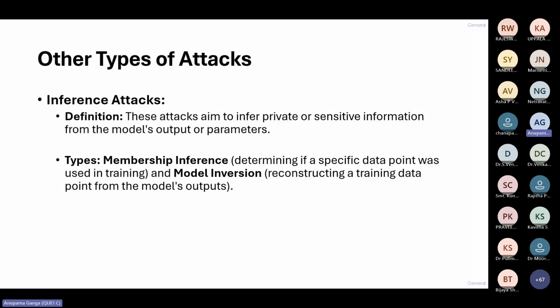For example, you can think of some smart meters. These smart meters track the energy consumption patterns. So if we analyze this data, an attacker can infer information about a user's daily activities, like when they are home, when they are using appliances, or even if they are using certain types of devices.